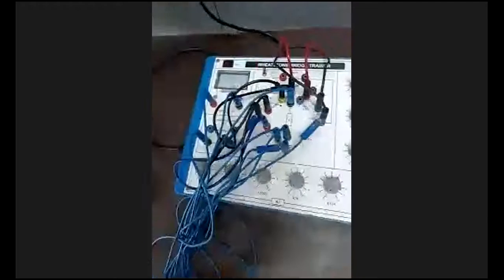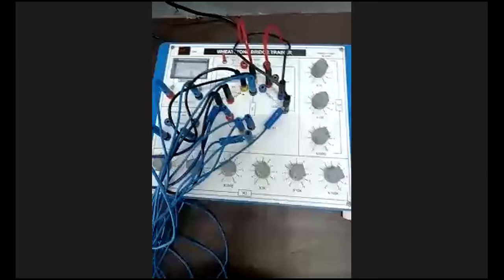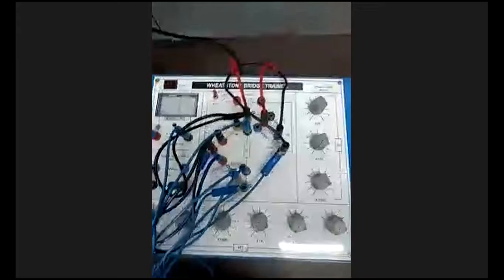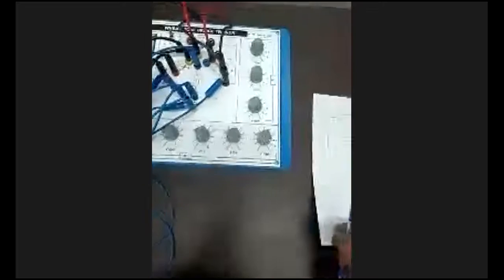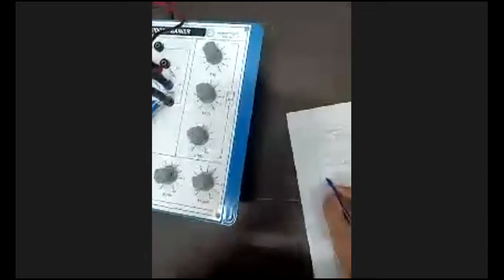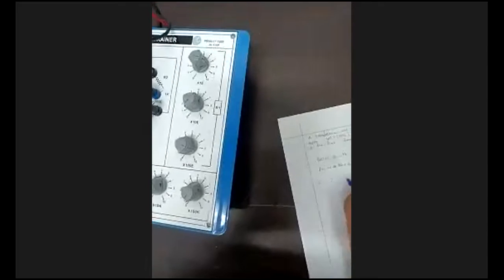If you have any doubts, you can ask. So these two readings we have to note down. The observation table where R1, R2, R3, R4, that is called practical and theoretical. Two columns you make here now. Here enter the R1 value, R2, R3, and how much R4 is practical, how much is theoretical. You have to enter and complete the write-up part.